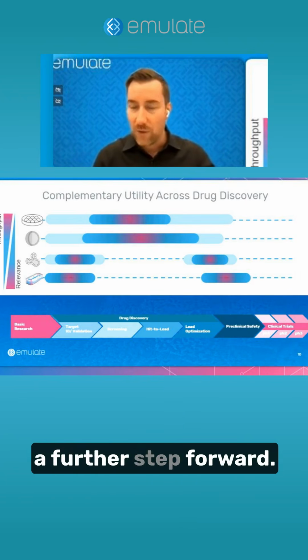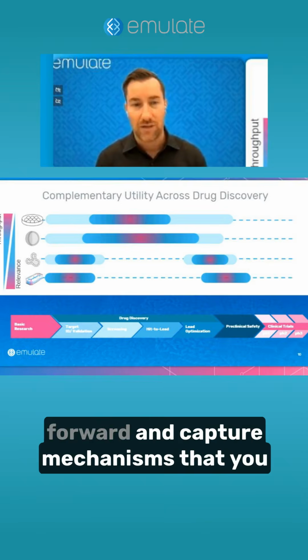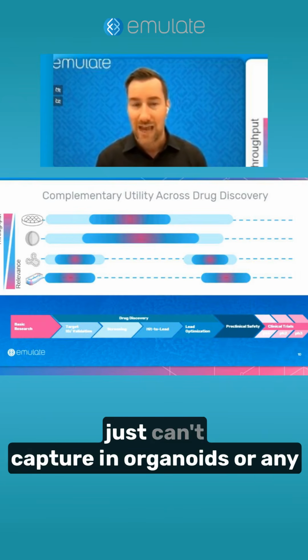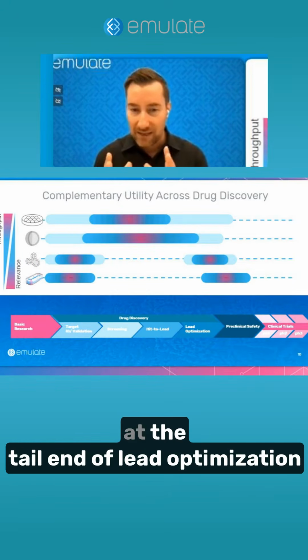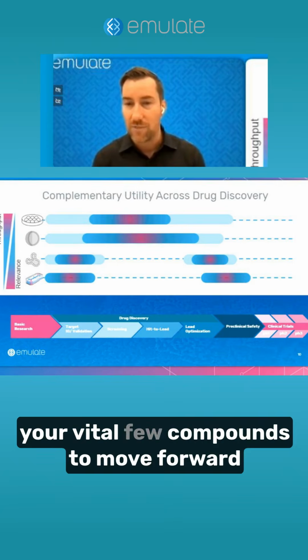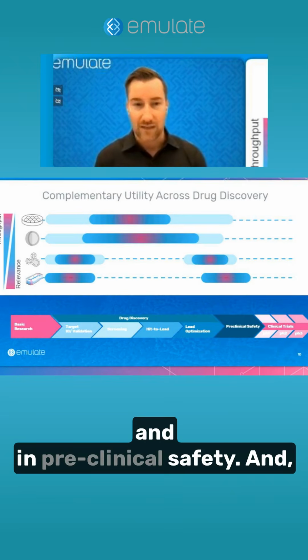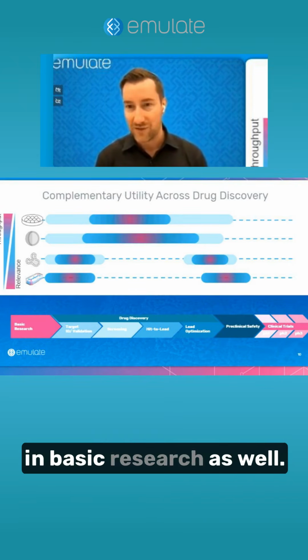And again, a further step forward with organ chips, you can push that relevance even further forward and capture mechanisms that you just can't capture in organoids or any of these other systems. Again, really good for target ID validation, at the tail end of lead optimization when you're looking to pressure test your vital few compounds to move forward, and in preclinical safety. And of course, all of these model systems can be used in basic research as well.